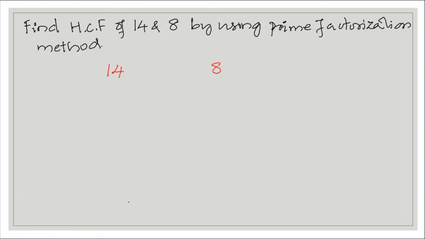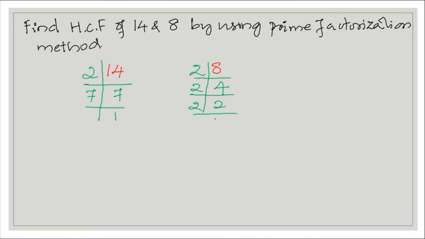Let me divide 14 first. 2 7s are 14, and 7 is a prime number. 7 divides 7 one time. To divide 8, I'll start with the least prime number 2. 2 4s are 8. 2 2s are 4. 2 1s are 2.